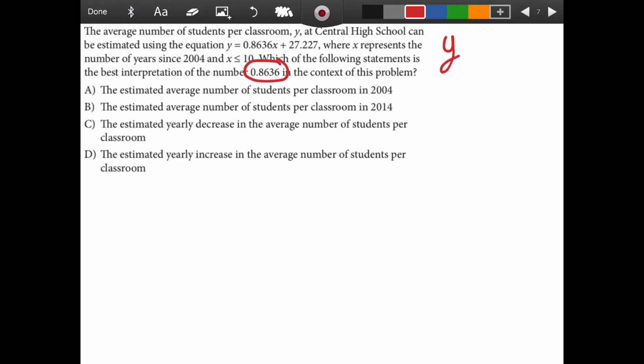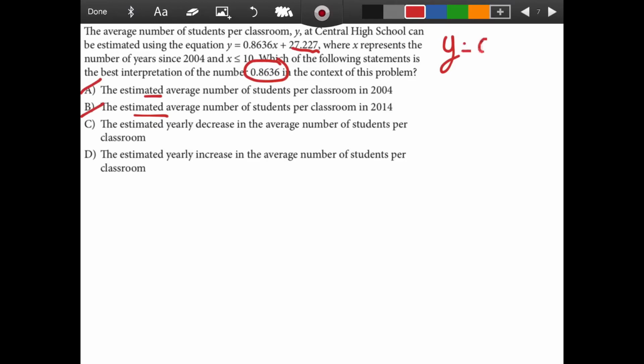Now, if it were asking about y or anything related to the 27, then we could talk about the estimation, because it tells us right away that y is what the estimation is. So right away, I'm going to eliminate A and B. And now I'm just focused on this 0.8636, and that's attached to the x.